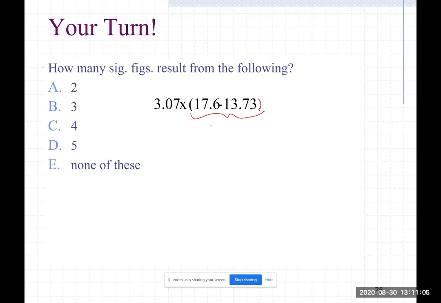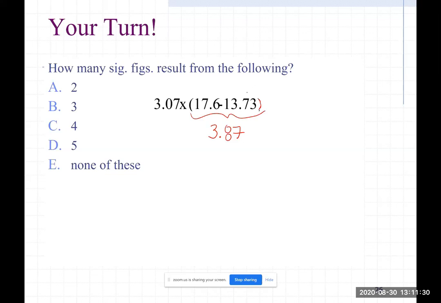So what I get is 3.87. And now I'm going to apply the addition subtraction rule. And the addition subtraction rule says that your answer will contain the same number of places to the right of the decimal as the data value that has the least number of places to the right of the decimal.